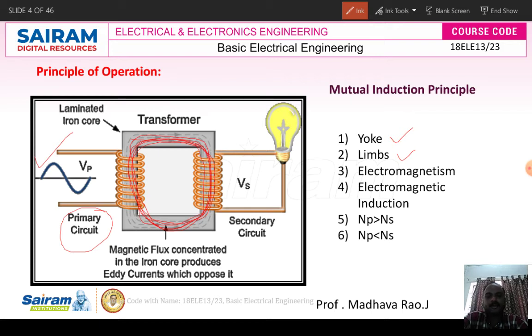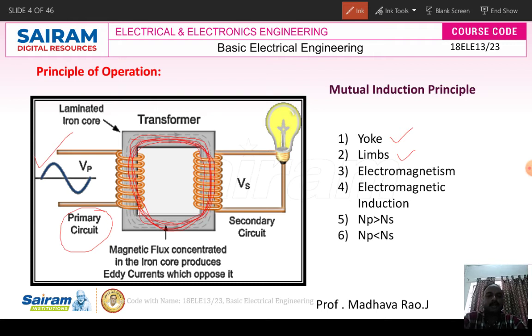Here the electric current producing the magnetic flux is called electromagnetism. Magnetic flux producing EMF is known as electromagnetic induction. Both together are known as mutual induction. That is why the transformer works on the mutual induction principle.